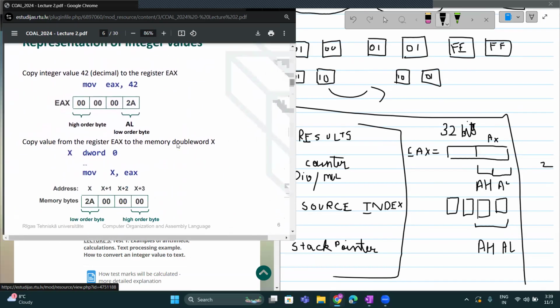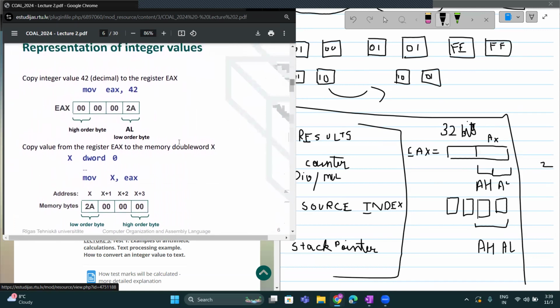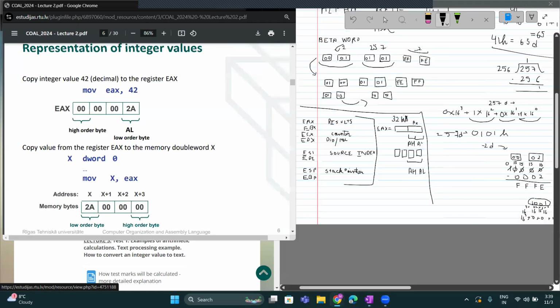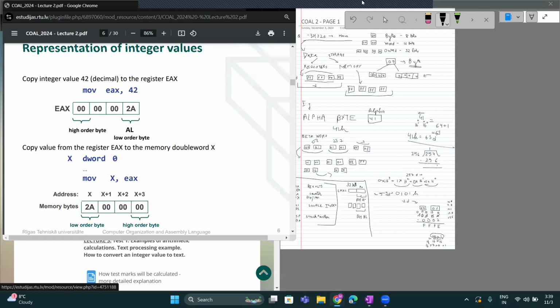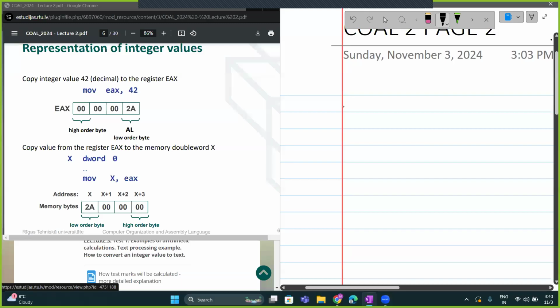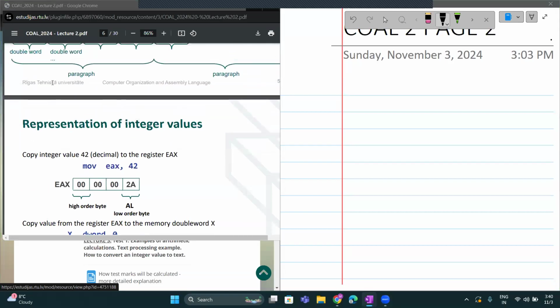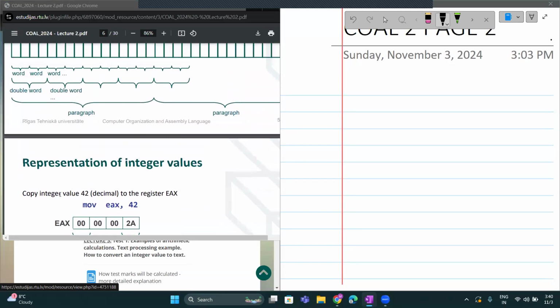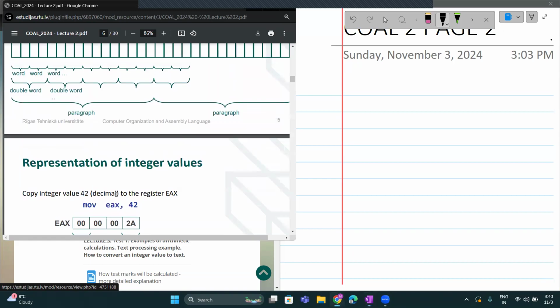So now, this is a question that might come in the exam. Just a second, I will create a new page. So what does it say here? Copy integer value 42 to register EAX.